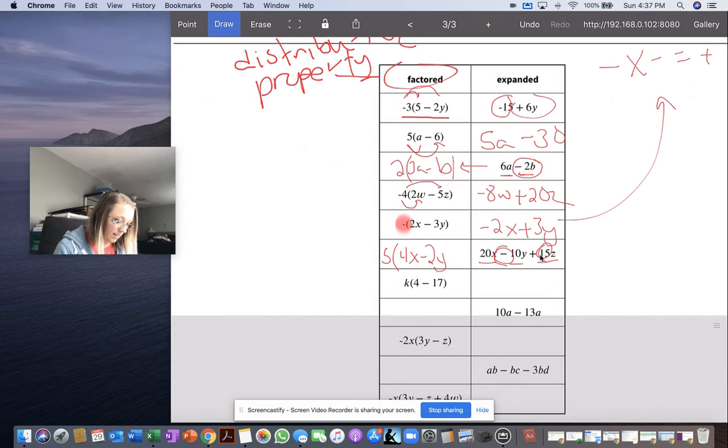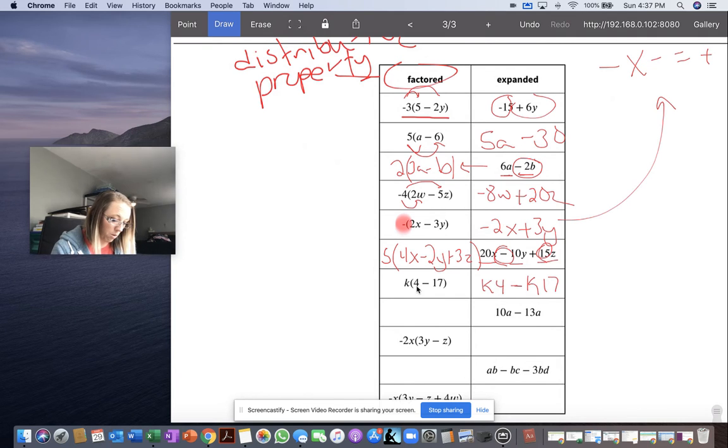What times 5 equals 15? It's plus 3z, parentheses. Next one's same as we have been doing, distribute through. So k4 minus k17. Doesn't matter what order you write the k and the 17 and the k and the 4 in.